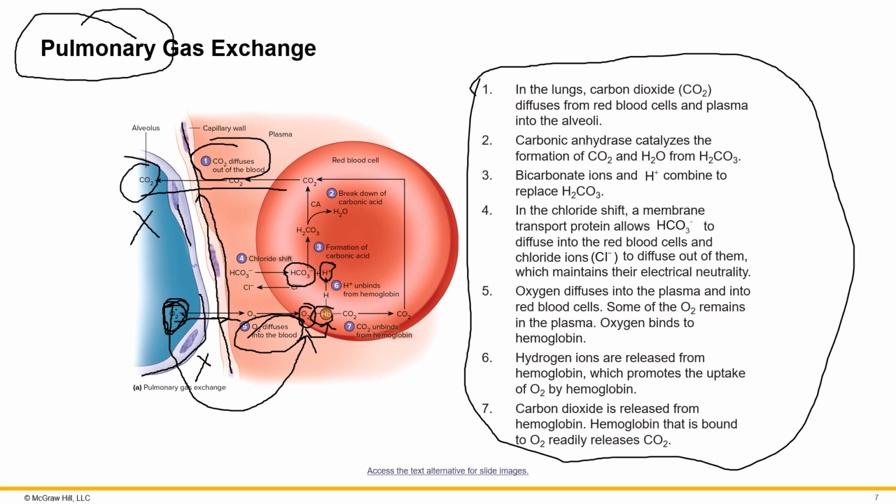HCO3 minus plus H plus in the presence of carbonic anhydrase produce carbonic acid. Carbonic anhydrase can further break carbonic acid into carbon dioxide gas, which diffuses out of blood into the alveolus and you exhale it out, and water, which is a major component of blood.